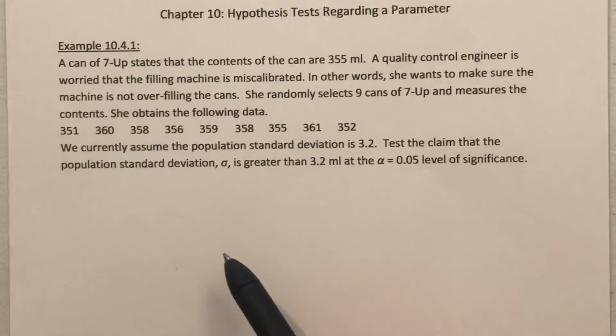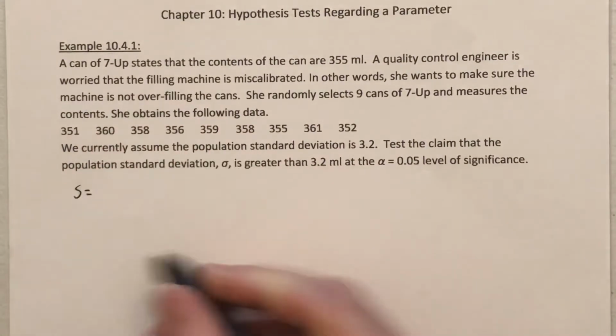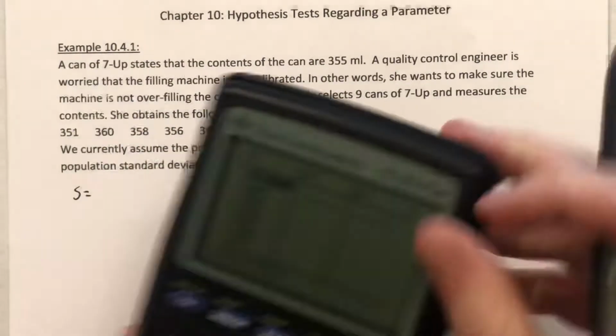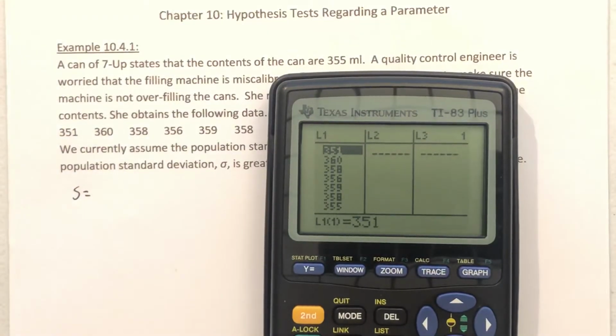So what we need is a sample standard deviation. Remember, if you are ever given a set of raw data, you can go to Stat and Edit on your calculator to enter that data there. Make sure you get to that L1 list by going to Stat and clicking Enter on Edit. You can enter all your data into L1.